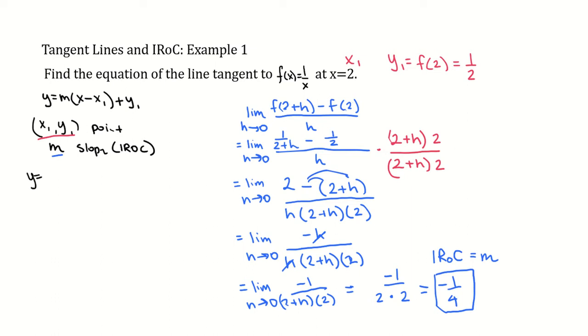y equals m, which is negative 1/4, multiplied by x minus x1, which is 2, plus y1, which is 1/2.